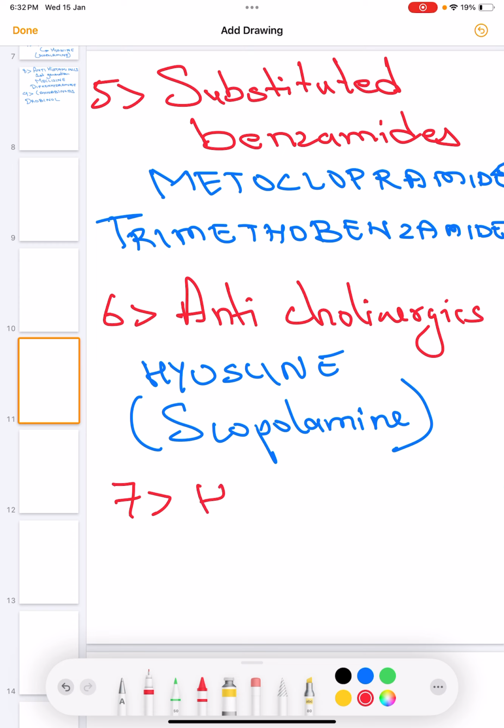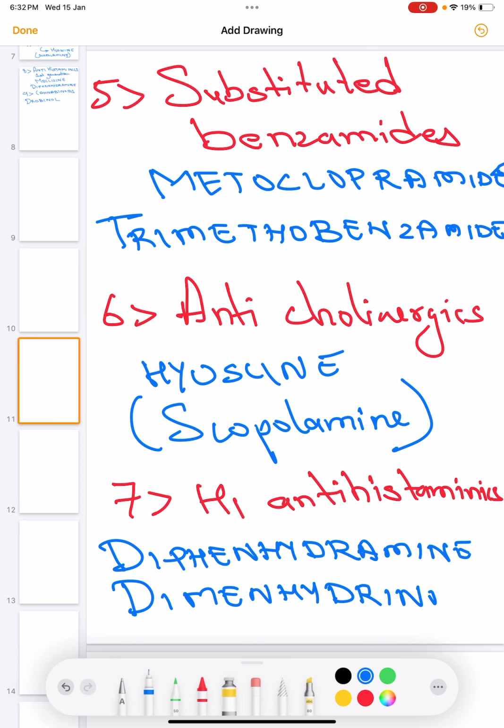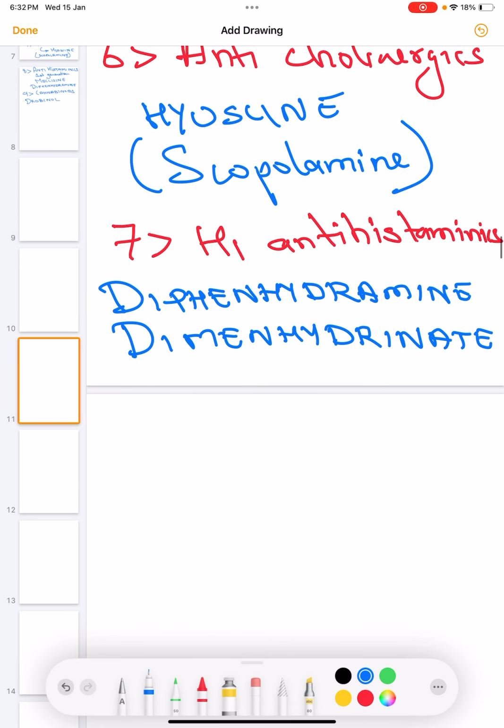Seventh class of drugs is H1 antihistaminics. For example, diphenhydramine, dimenhydrinate, etc. Eighth class of drug is benzodiazepines.